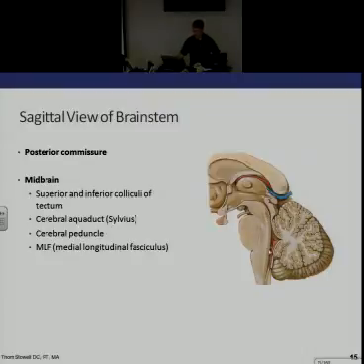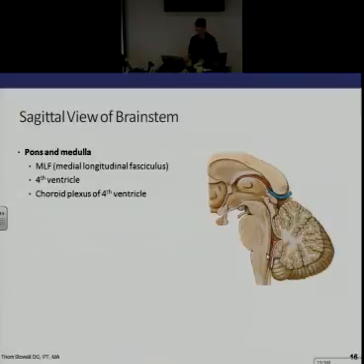So there's a conduit of information that's got information going up to the motor output of those and also other information going through it. And that's known as this MLF, and it's just this big bundle of white matter that's tracking that information up and down. So that's the MLF, and we'll talk about it a little further when we get into the functional roles.